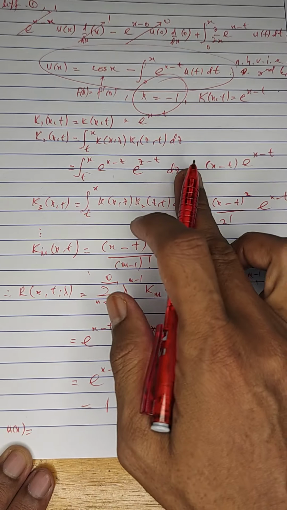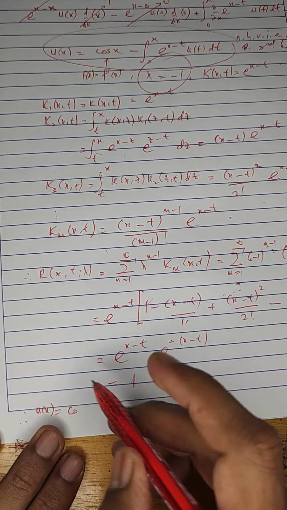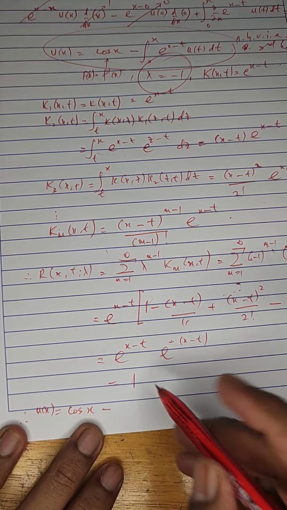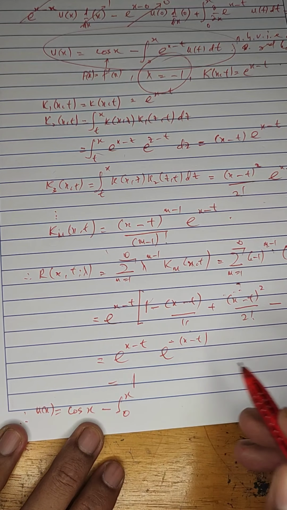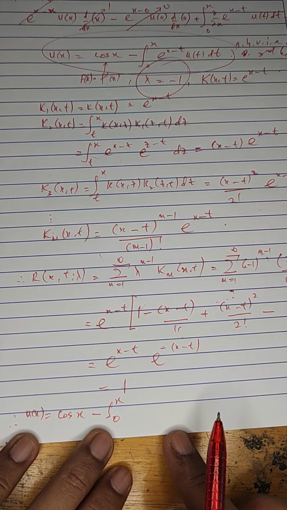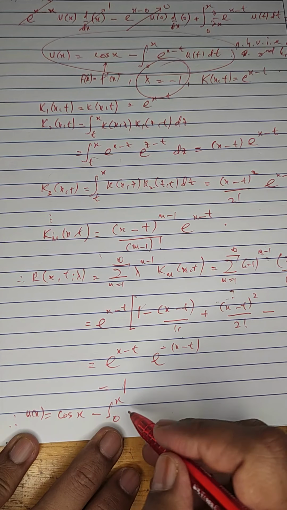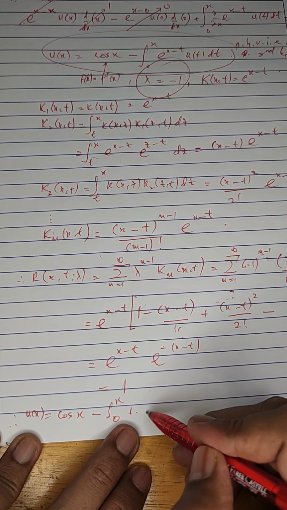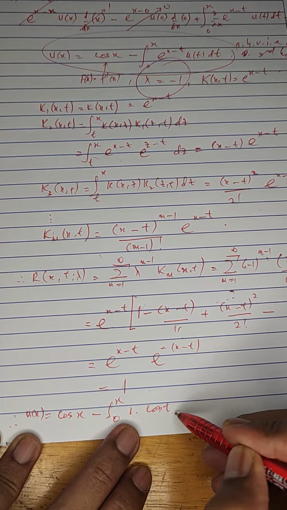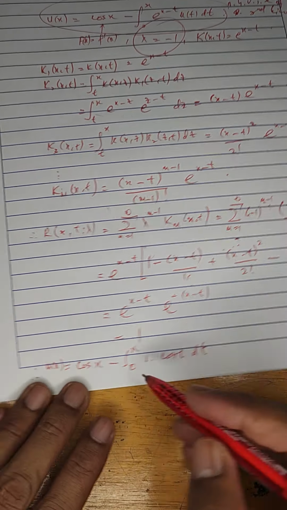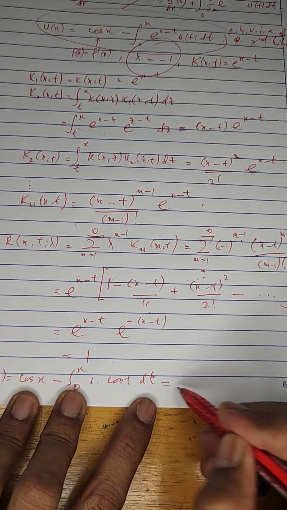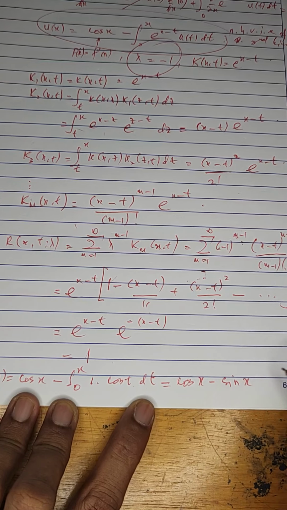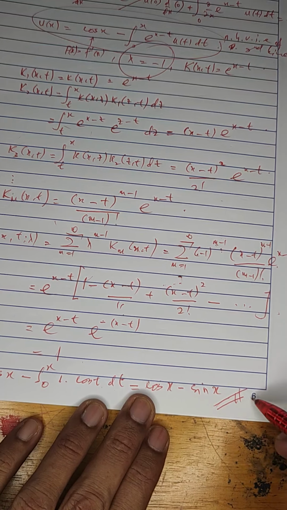We integrate from 0 to x, and this is our resolvent, which is 1, and our f(t), which is cos t dt. So solve this, and you're going to have cos x minus sin x. That's the solution.